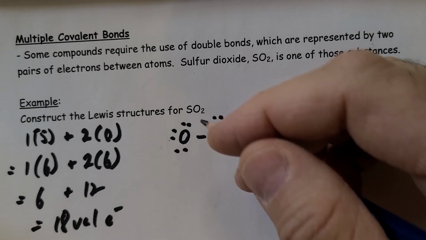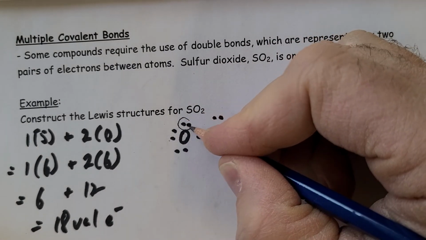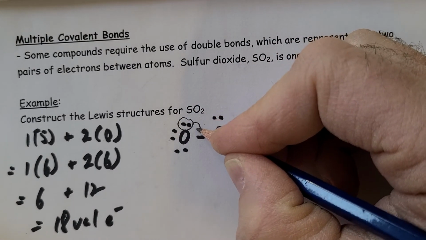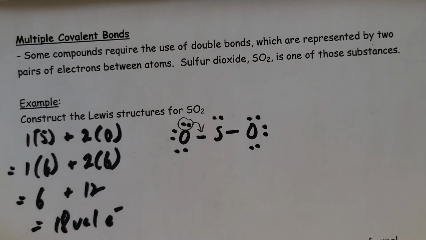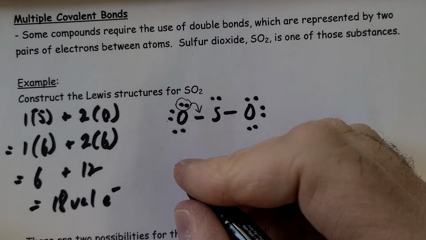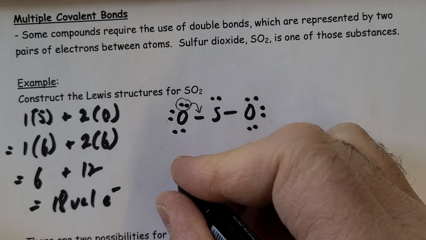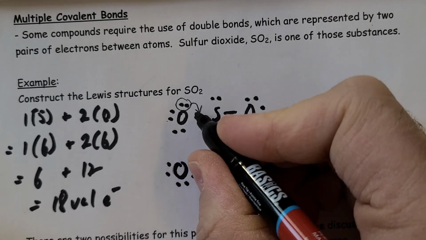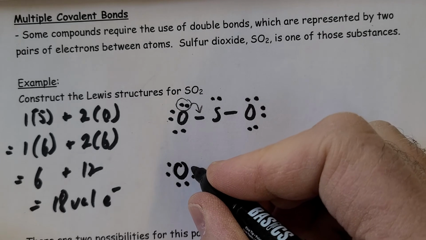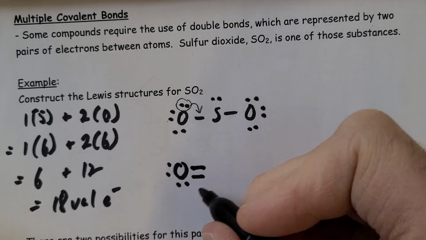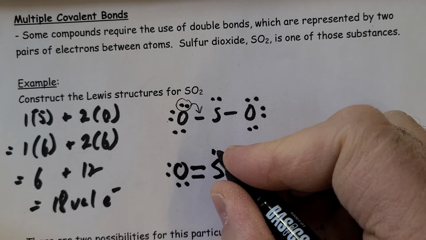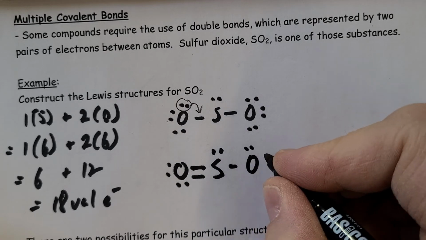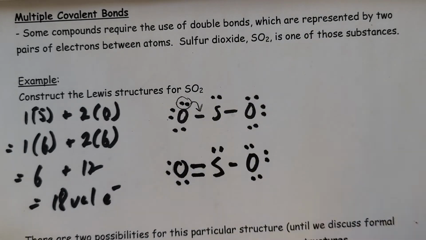Now what happens here is that one of the oxygens will say, okay, you know what? I'm just going to move my electrons away so that we end up sharing another set. So I have this single bond here, but this electron pair makes up another bond, so we have a double bond there. And everything else stays the same. And if you take a look, we didn't add or subtract anything.